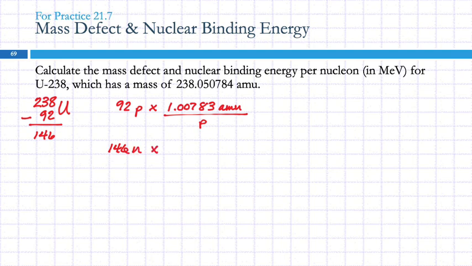And then we'll multiply by the mass of a neutron. So 92 times the proton mass gives us 92.72036 atomic mass units.